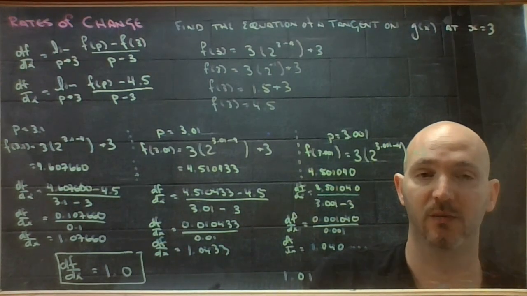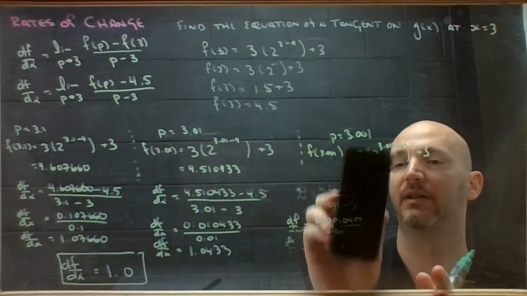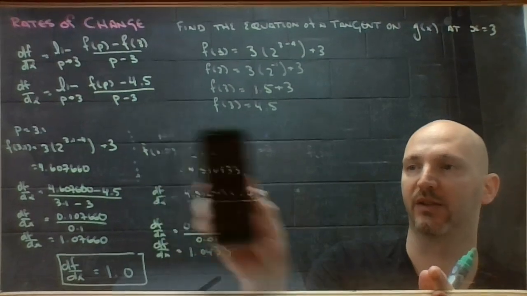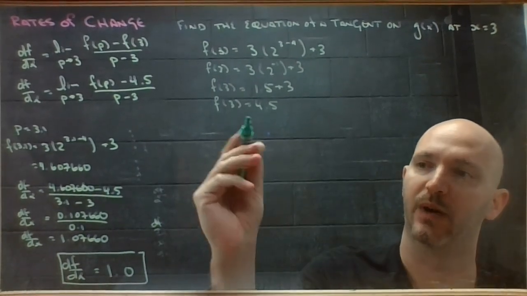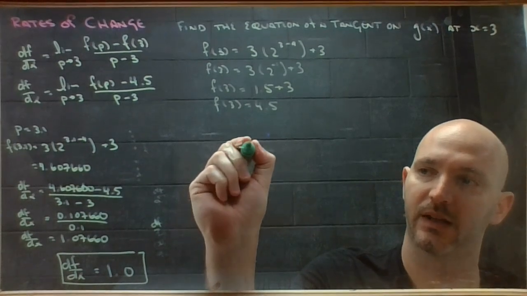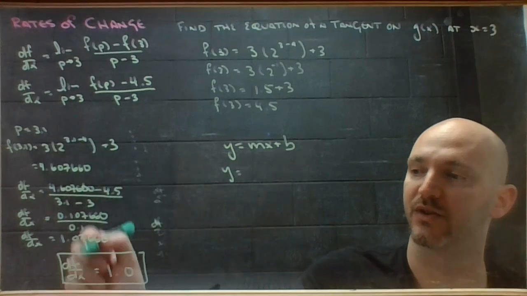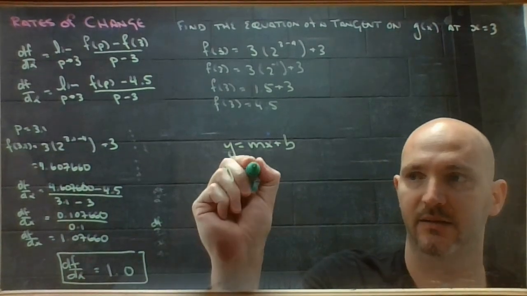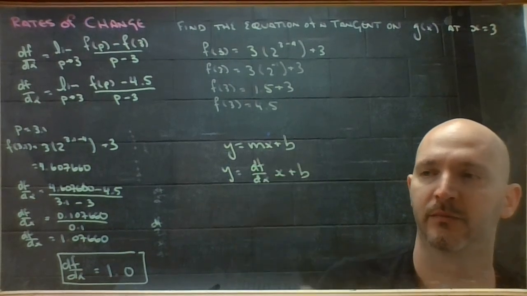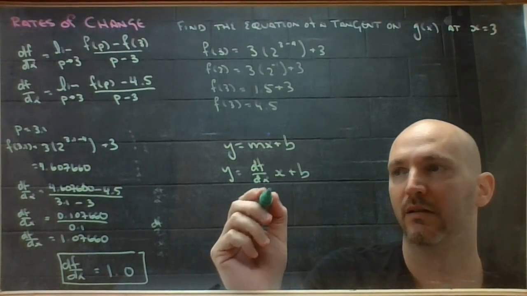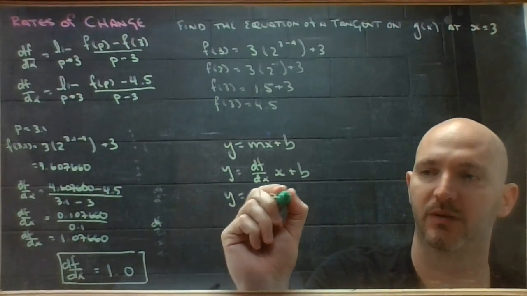Now that I've got the slope, I just need to use the x and y pair that I already have in order to generate the equation of a tangent. So as with any line, y equals mx plus b, and in this case, the slope is generated by df dx. So I have 1 as my slope.